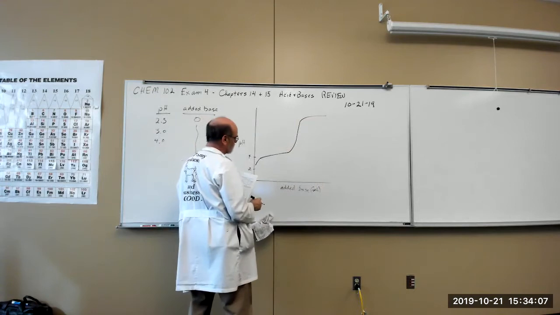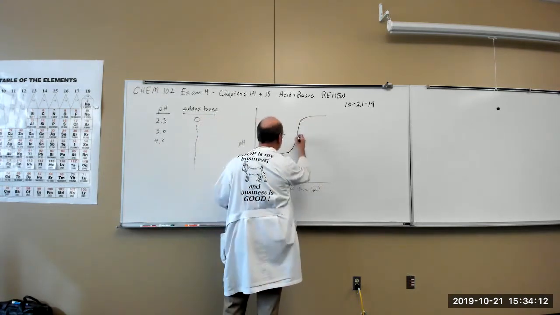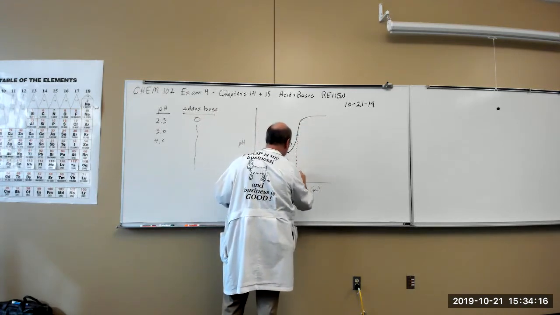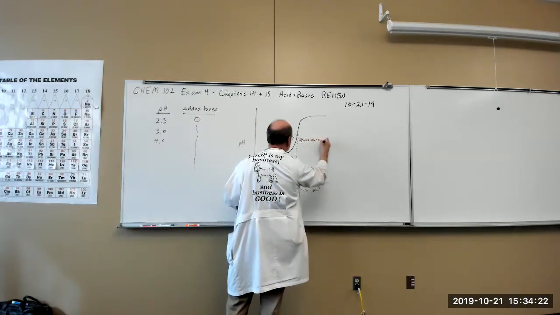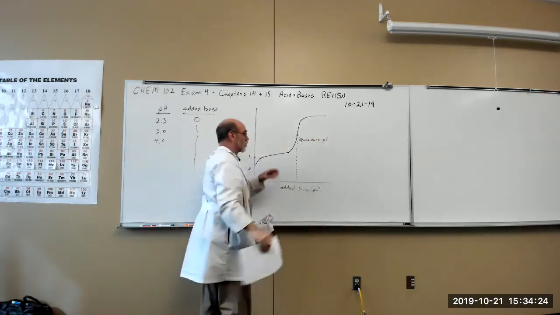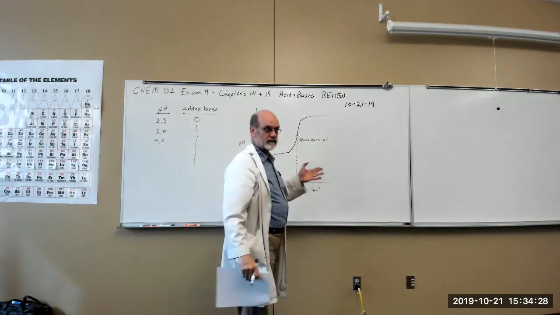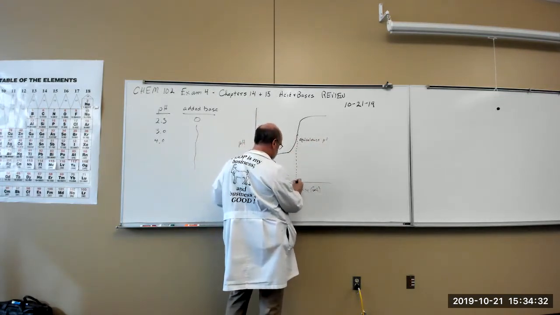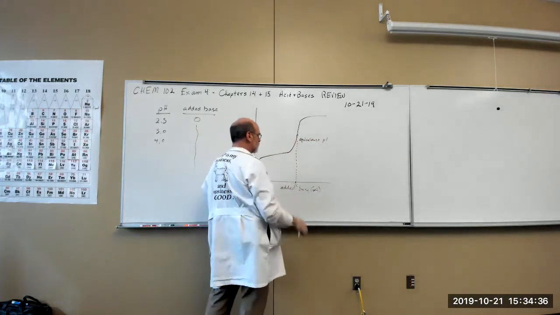And what you're going to have here is your equivalence point. So at this point, and we don't need an indicator because we have a pH meter. Okay? So we're going to know exactly how much base it takes to reach the equivalence point.